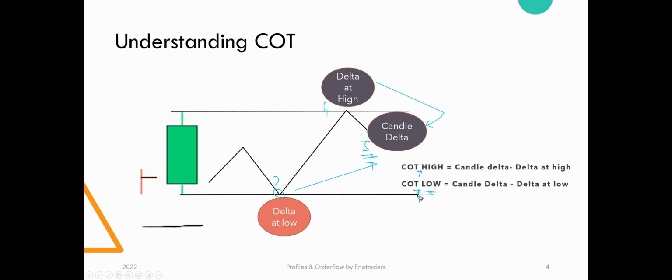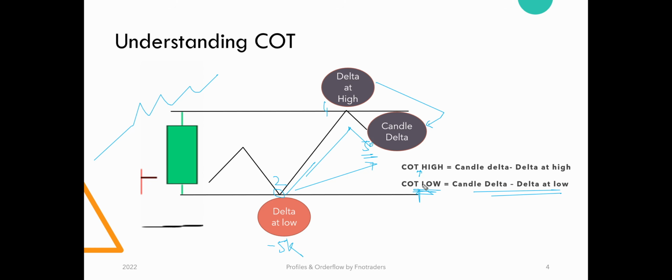Okay, generally, what is your expectation out of this if you think of it as a trader? If at the low I had sellers, minus 5K, let's say, coming in, my expectation is if the market has to trend up, then the delta caught low should be positive, because I expect buyers to come in after this period till the close of the candle.